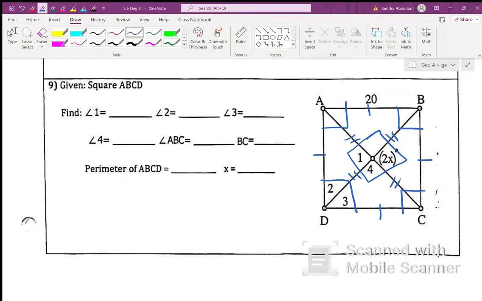And also, because it is a rhombus, what do the diagonals do to the angles? Because it's a rhombus, don't the diagonals bisect the angles? Since the diagonals bisect the angles, each part is how many degrees? 45, I heard it.